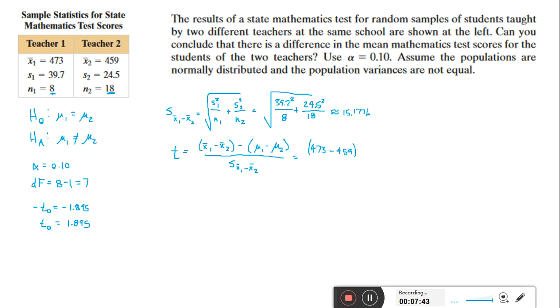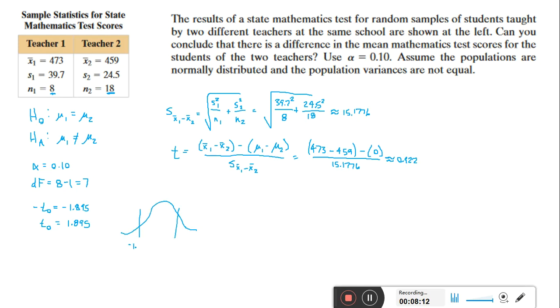Put that in parentheses. Now, remember, we're assuming that the mu's, or the means of the population, are equivalent, so that value should be 0. And the value we found above for our standard deviation is 15.1776. So, this value should be approximately equal to 0.922.